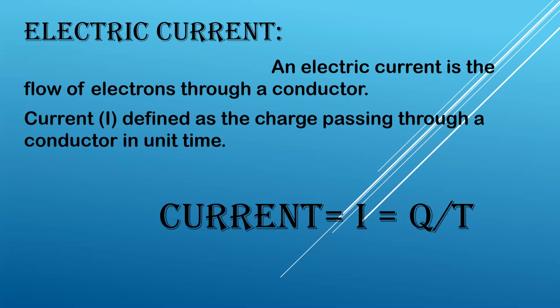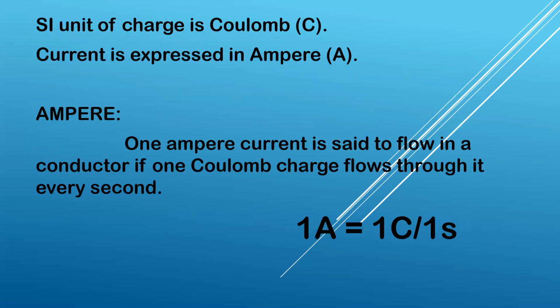The unit I will say about the electric current. In SI system, in SI form, the unit of charge is Coulomb, and the unit of current is ampere. Understood, children? So once again, see here, what is the formula of current here?